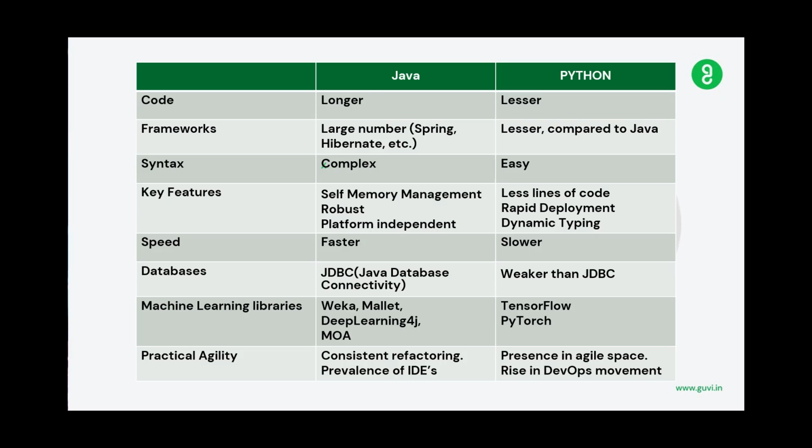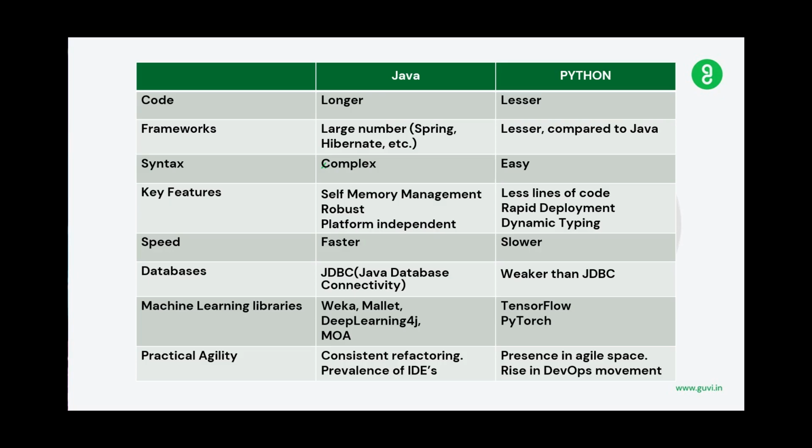Whereas the key features of Python are that you have fewer lines of code, it's used in rapid deployment and in dynamic typing. The speed of the programs obviously has Java being the faster one as compared to Python, and Python is slower since it uses an interpreter and determines the data type at runtime.